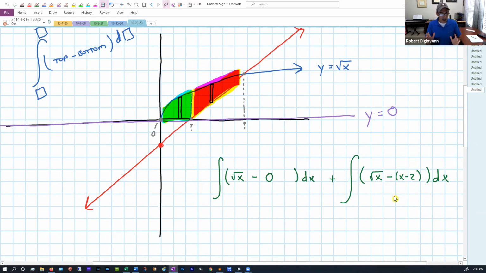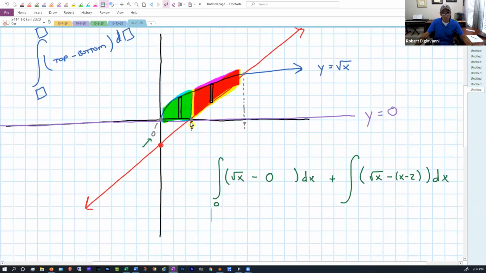Yes. Okay, now let's get our limits of integration. We know that this first one is 0. That's obvious, I hope. What about the second one? Do we know where that point is right there? 2. It's 2. You know that because that's where the red one hits the x-axis, right?